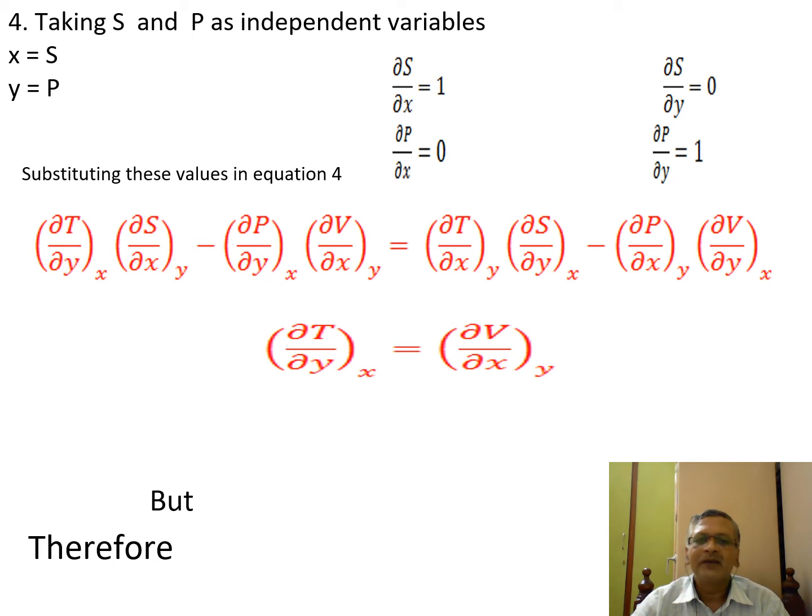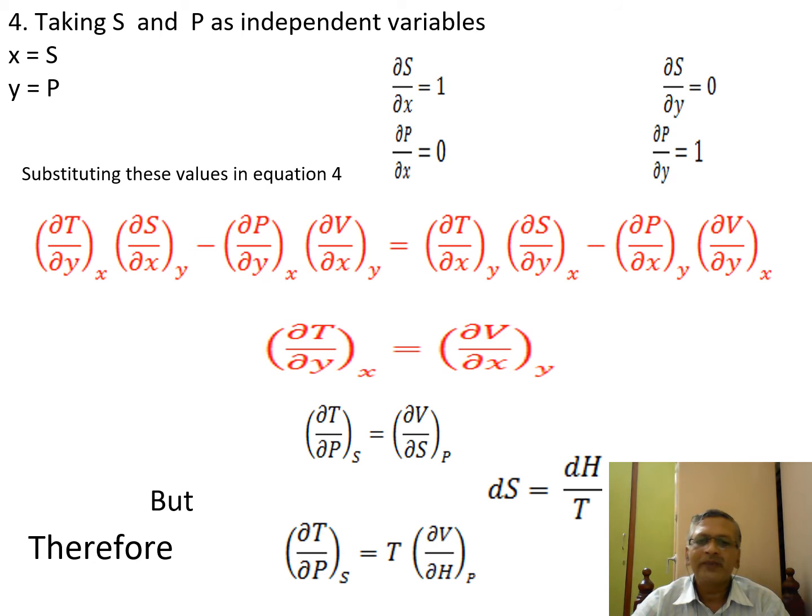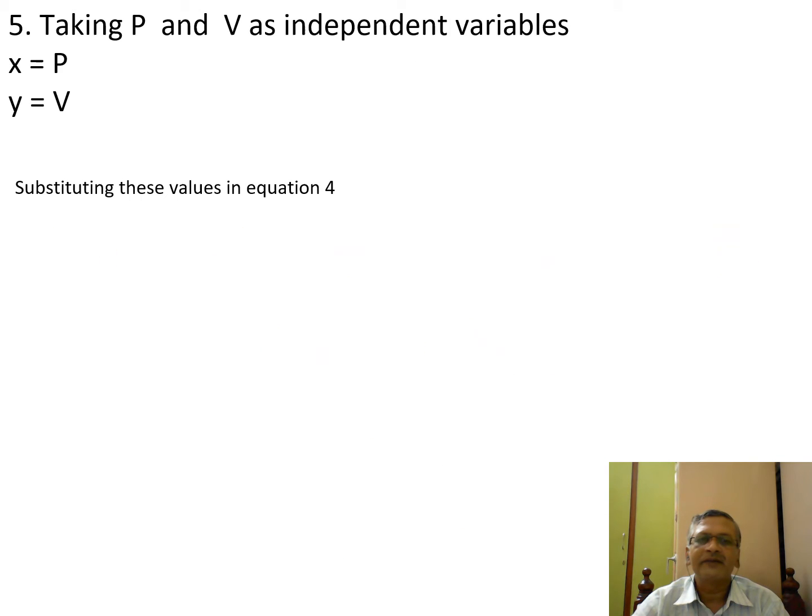So replacing x as S and y as P, the equation becomes like this. But S is given by the second law of thermodynamics as dS is equal to dQ upon T, substituting, dou T upon dou P keeping S constant is equal to T into dou V upon dou H and P. This is the fourth Maxwell's thermodynamical relation.